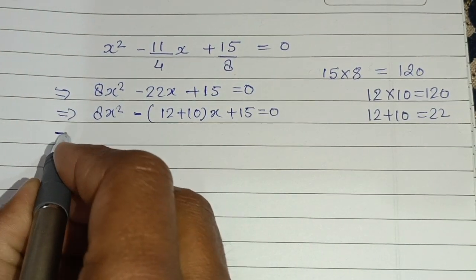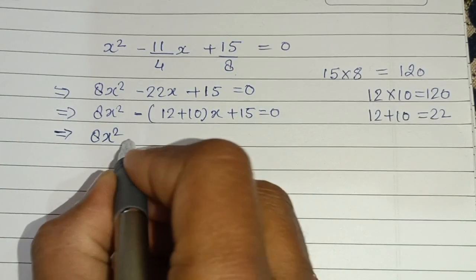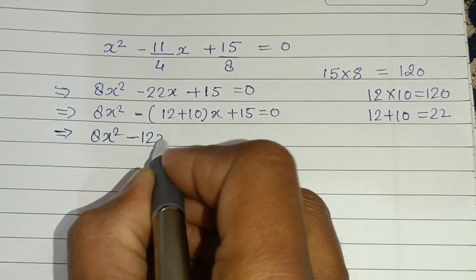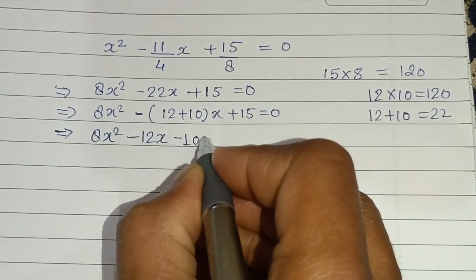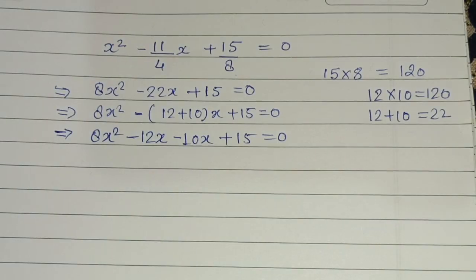So 8x square 12x 10x plus 15 is equal to 0.